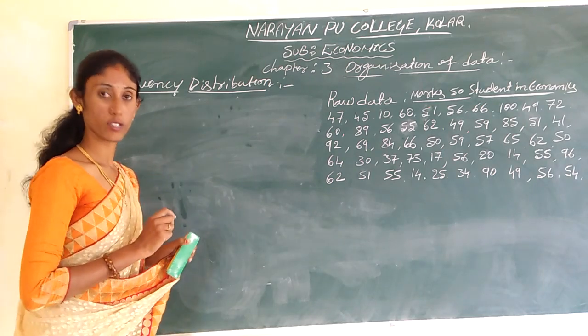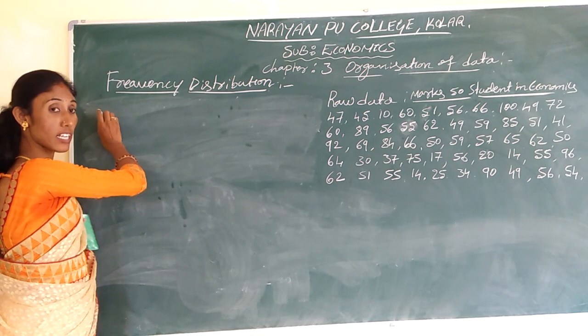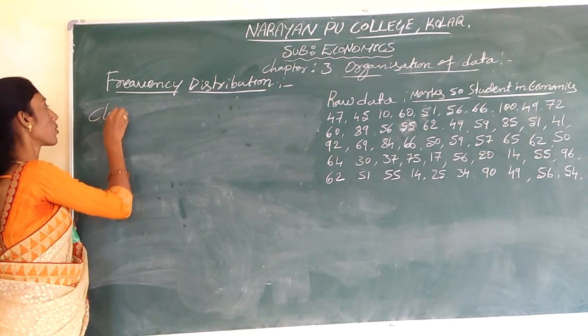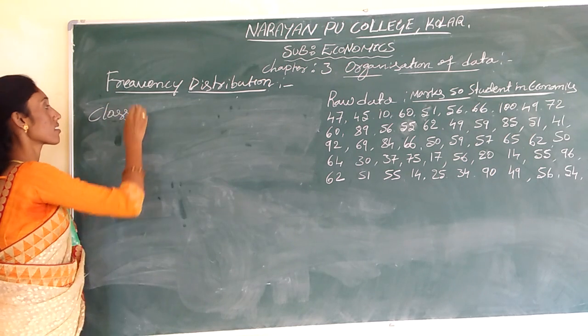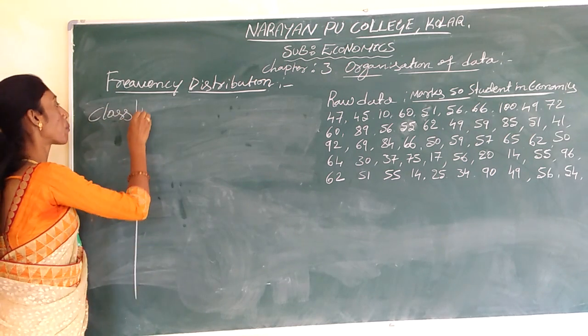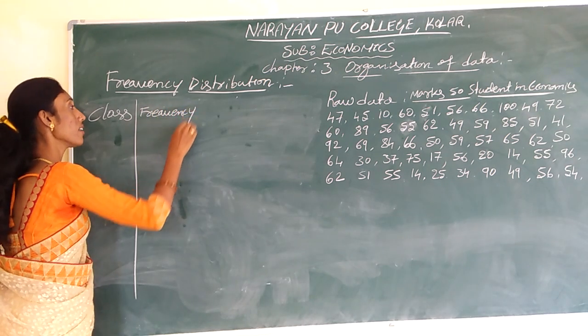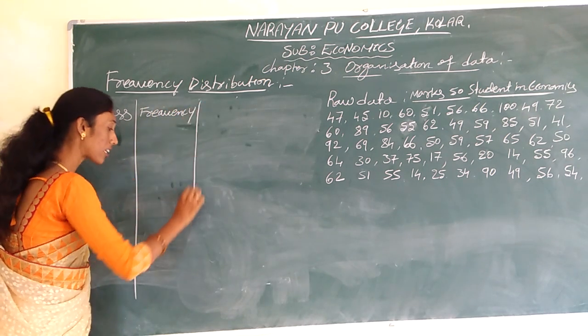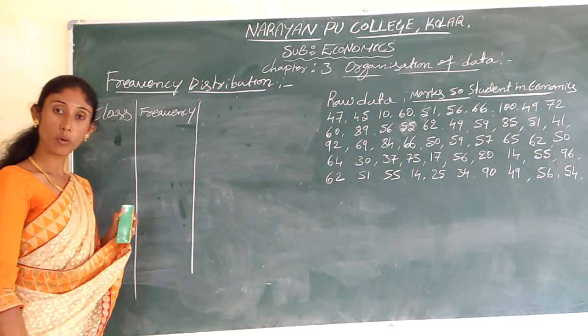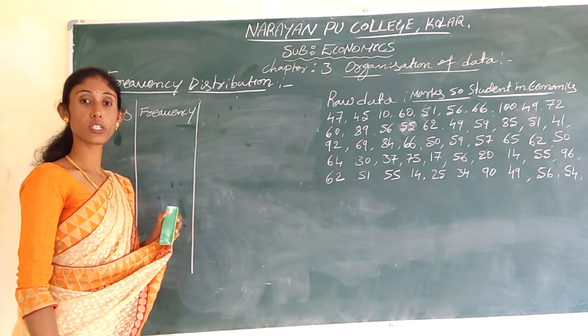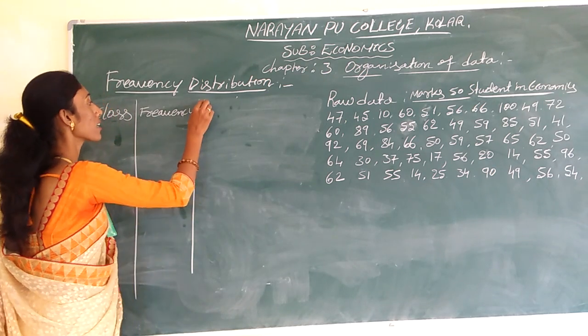Firstly, we need to have the classes, and then frequency, and after the frequency we need to have one more column for the frequency distribution.